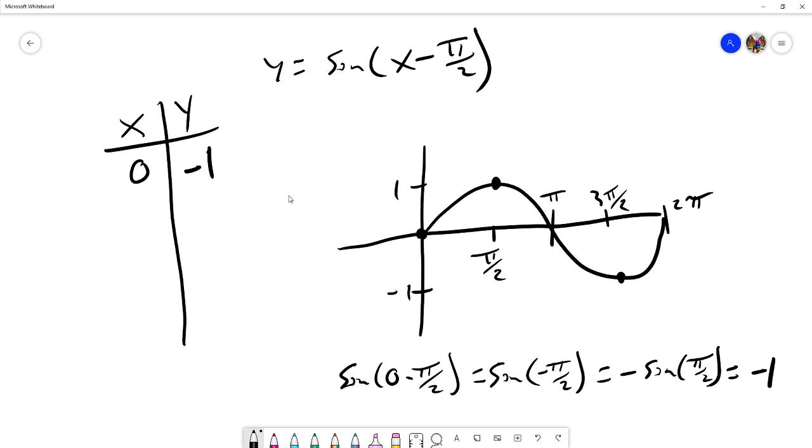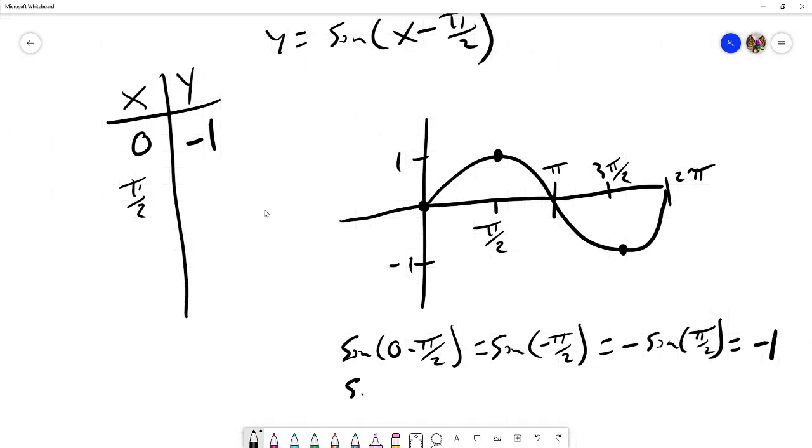Alright, and then when we consider, how about pi over 2? Well, if I plug in pi over 2, it's the same thing as pi over 2 minus pi over 2 inside the sine. Sine of pi over 2 minus pi over 2, well, that's the same thing as sine of 0, which is 0.